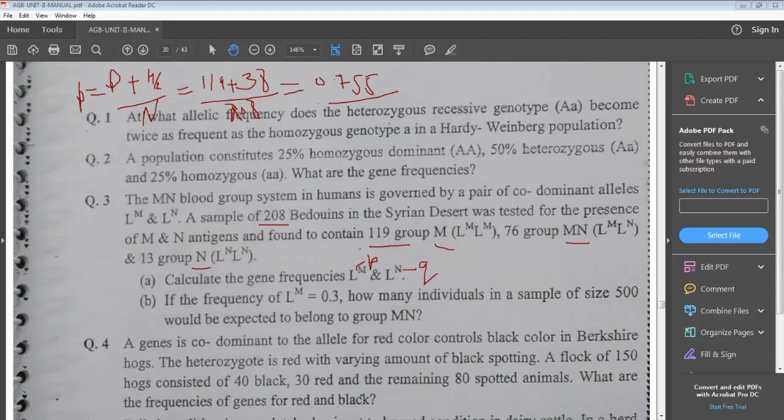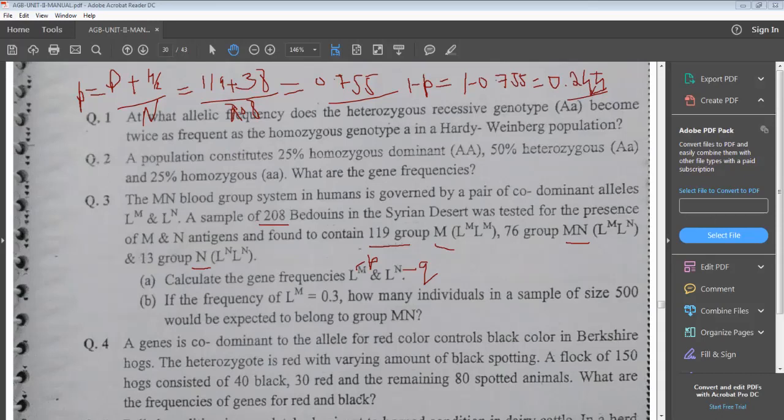If you check the value of Q, it is 1 minus P, that is equal to 1 minus 0.755, that is equal to 0.244, or 0.245 to be more precise.